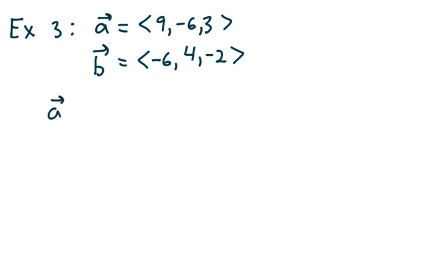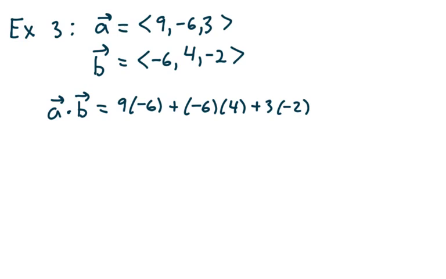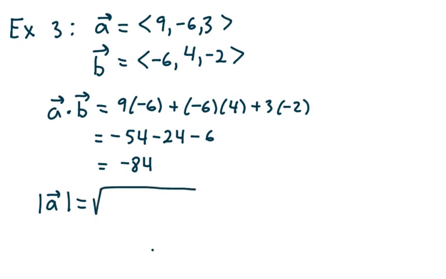Now, A dot B is equal to 9 times -6 plus -6 times 4 plus 3 times -2, right? So we get -54 minus 24 minus 6. That looks like -84. If I take the magnitude of A, I get the square root of 81 plus 36 plus 9.